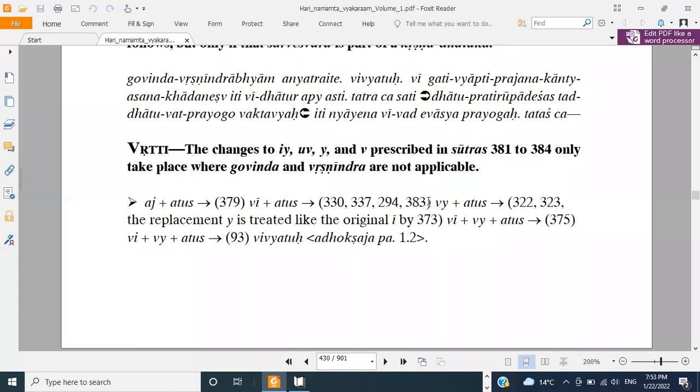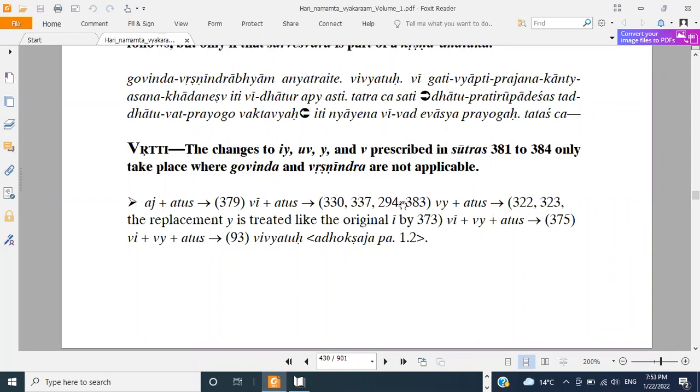Also, these sutras 381 and 383 are applied when we are not able to do Govinda or Krishnendra or anything else to these. In such a situation, because Atus is a Kapila, Asanyoga Dalita Dhokshara Kapila, that blocks the Govinda, Ishasyana Govinda, Krishnendra Kansareshi.